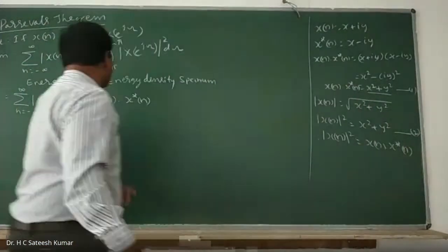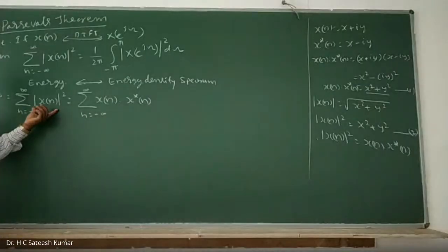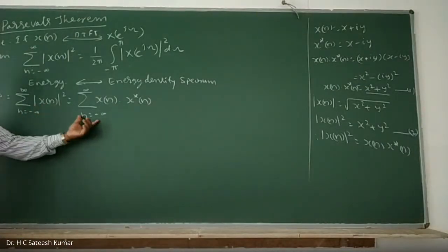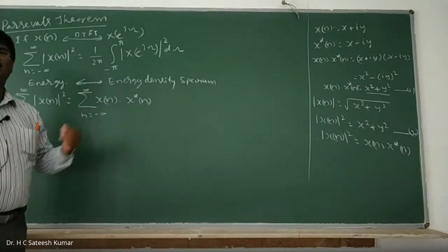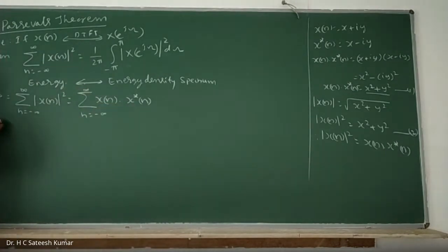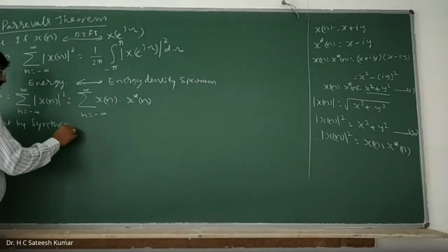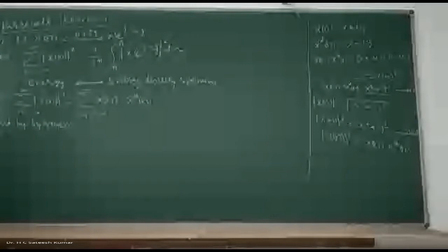Magnitude of x of n whole square summed is equal to summation n varies from minus infinity to plus infinity, x of n into x star of n. But by synthesis equation, which is nothing but the inverse DTFT equation. I said in the last class itself why we call it a synthesis equation.